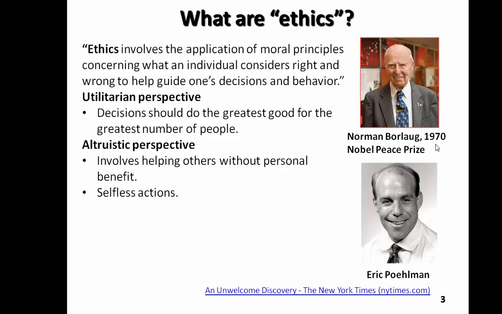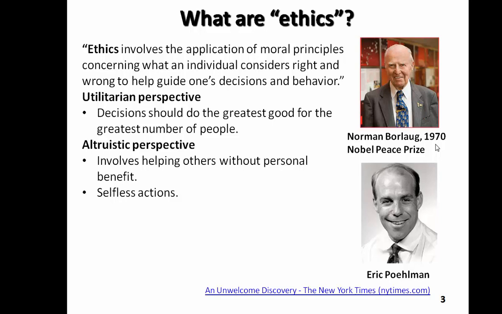Dr. Borlaug was an agricultural scientist from Minnesota who developed a new strain of wheat that was much shorter and was disease and weather resistant to damage. And once he made his discovery, he willfully exported that discovery and knowledge to various countries throughout the world that had a difficult time from an agricultural perspective in growing a much needed food source.